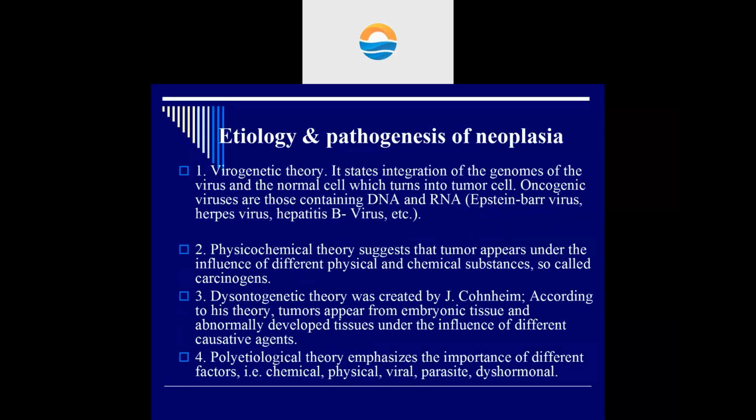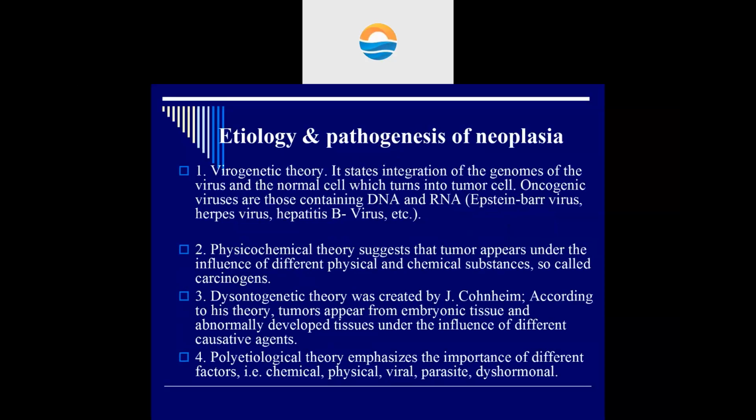So a few words about etiology and pathogenesis of neoplasia. Virogenetic theory states integration of the genomes of virus and the normal cell, which turns into tumor cells. Oncogenic viruses are those containing DNA and RNA.